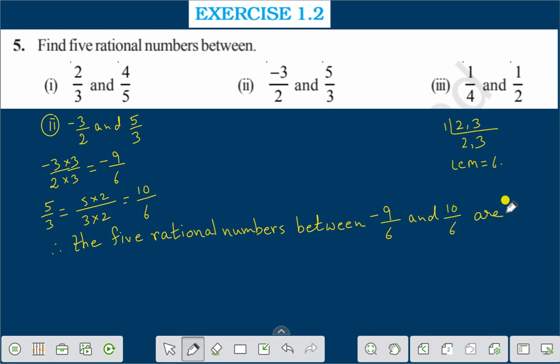That is minus 8 by 6, minus 7 by 6, minus 6 by 6, that is minus 1, minus 5 by 6, minus 4 by 6.